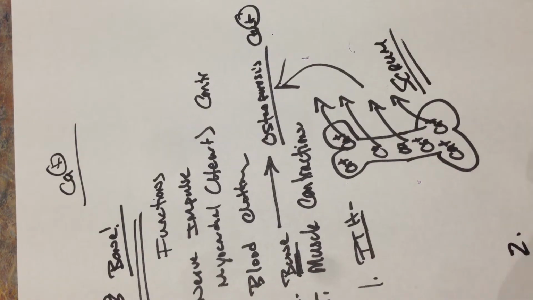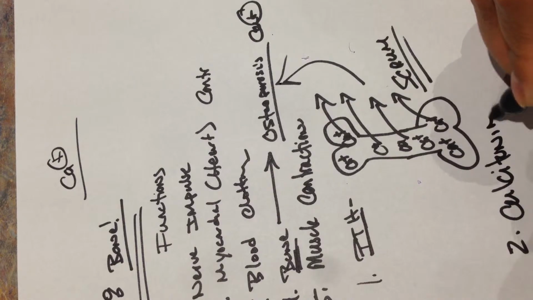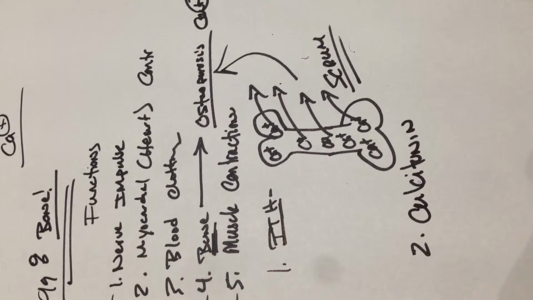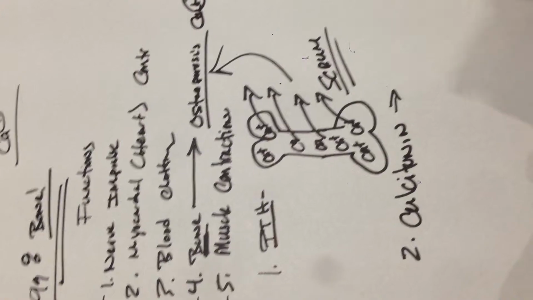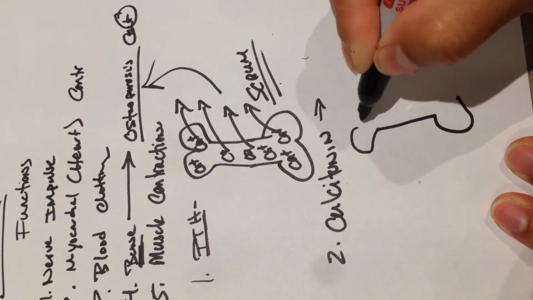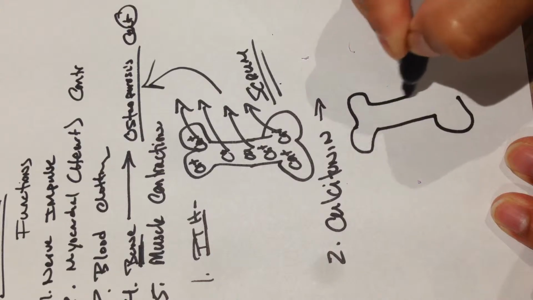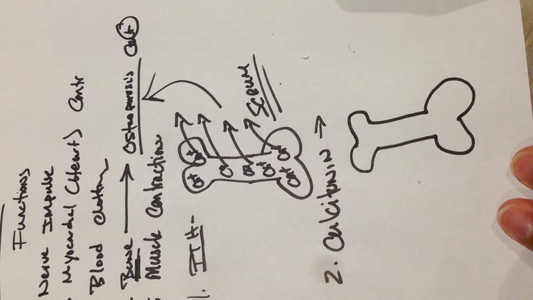Number 2, calcitonin. Now this has the opposite effect of parathyroid hormone. What calcitonin does is it stimulates or promotes calcium deposition into bone. This would be an example of somebody who has a lot of calcium in their serum.